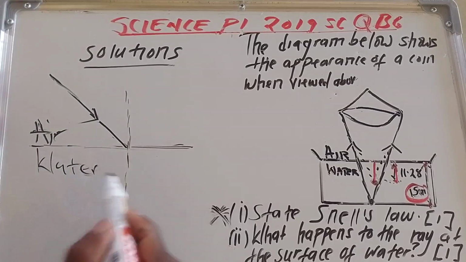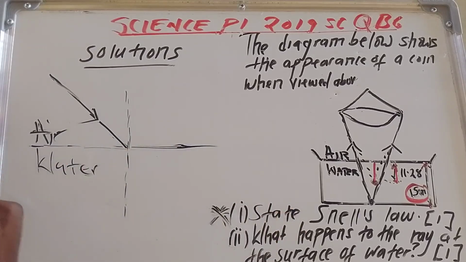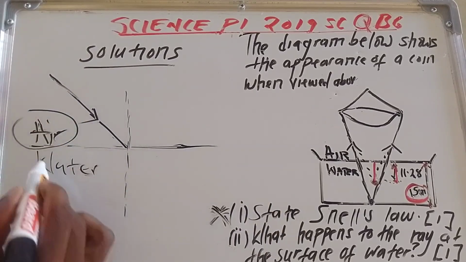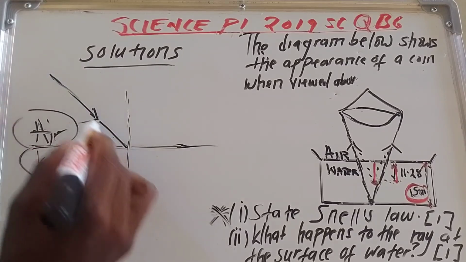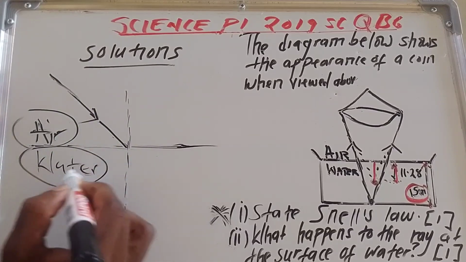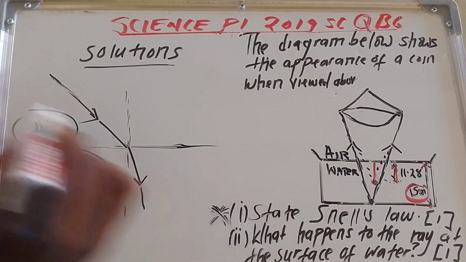What is going to happen is that this ray of light is going to bend. An important concept which I want you to understand is that we all know air is less dense than water. So whenever a ray of light is passing from a less dense medium to a denser medium, this ray of light is going to bend towards the normal.